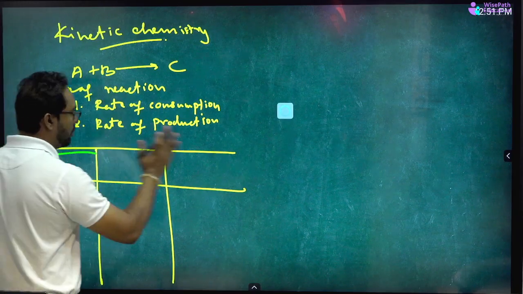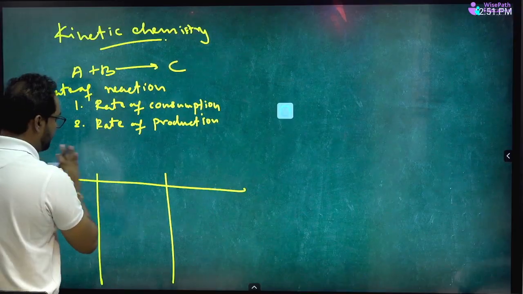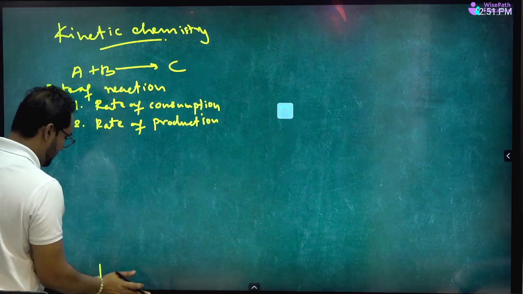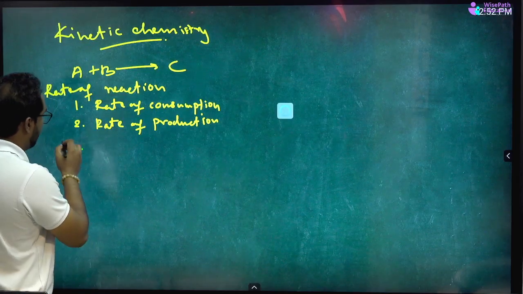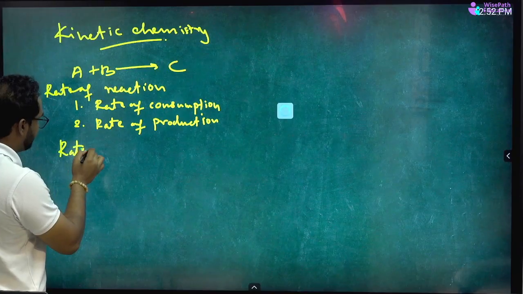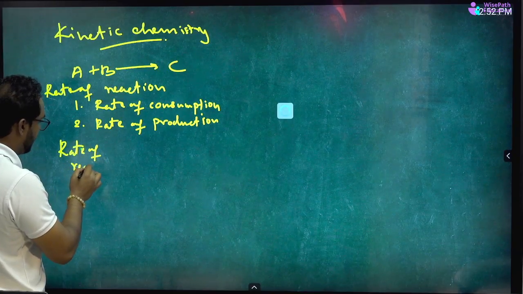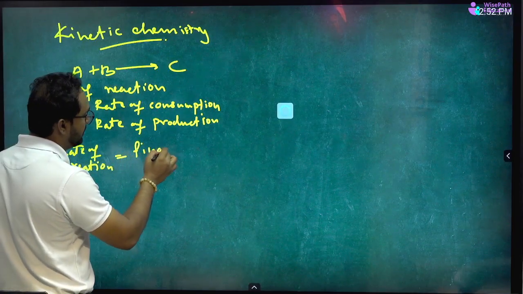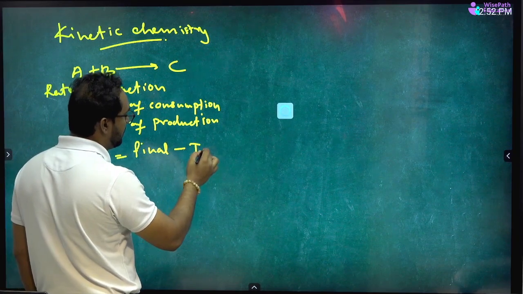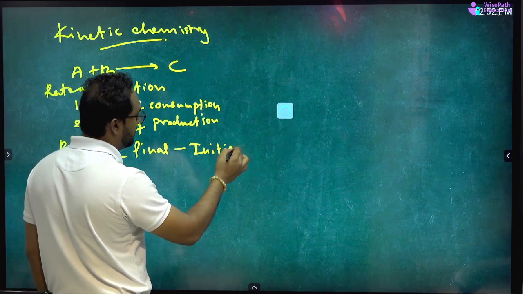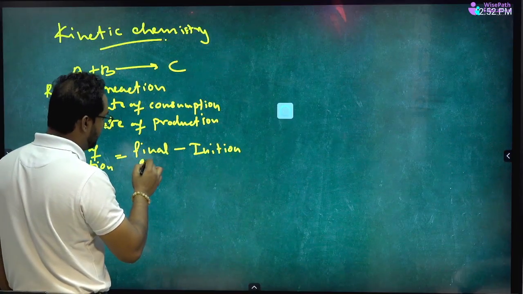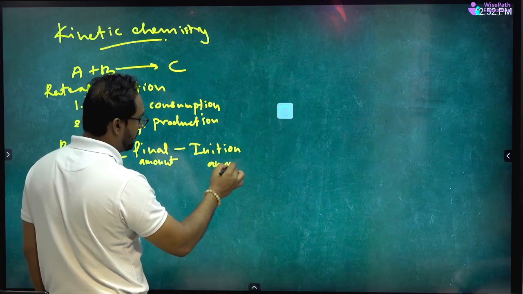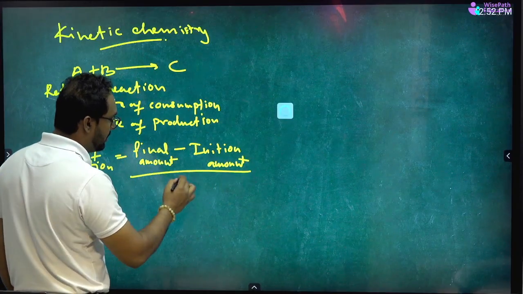Now, we'll take a common formula. So this is the common formula for the rate of reaction. First, know that rate of reaction is measured as final minus initial amounts, divided by time.